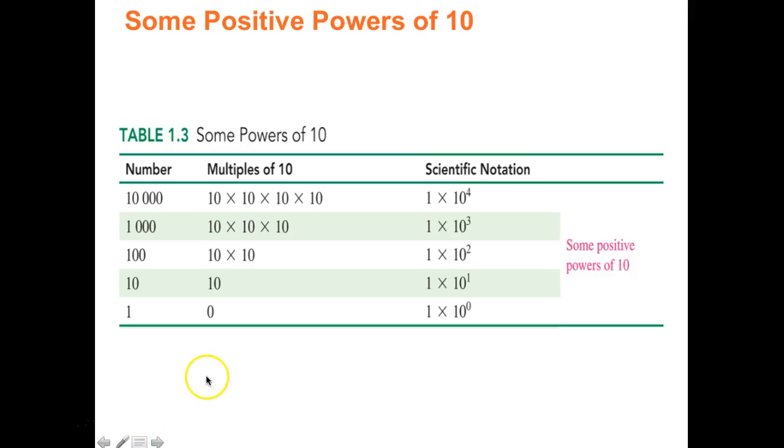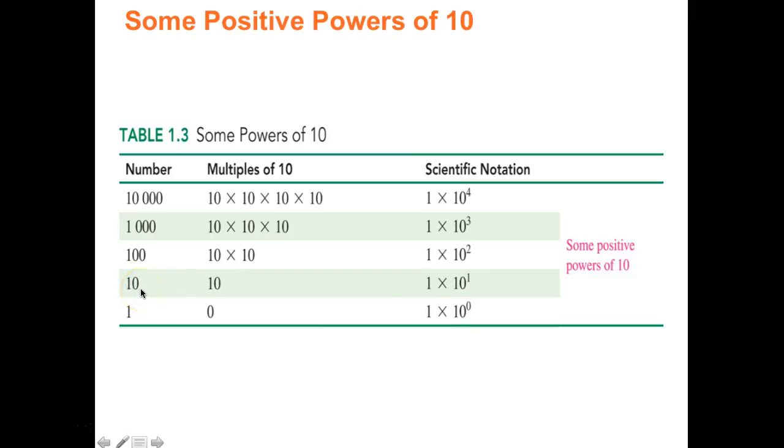So how do you interpret these powers of 10, and how can they be written in scientific notation? If the number is 1, the exponent is 0. So 1 times 10 to the power 0 is 1.